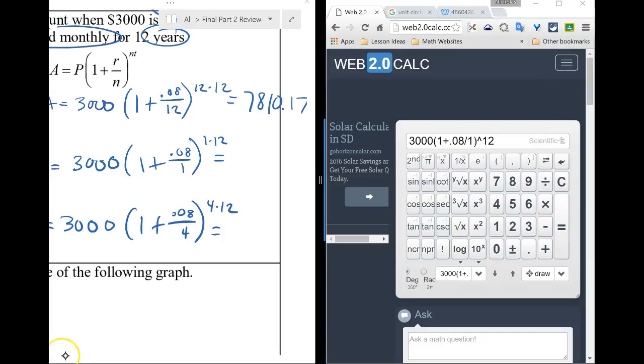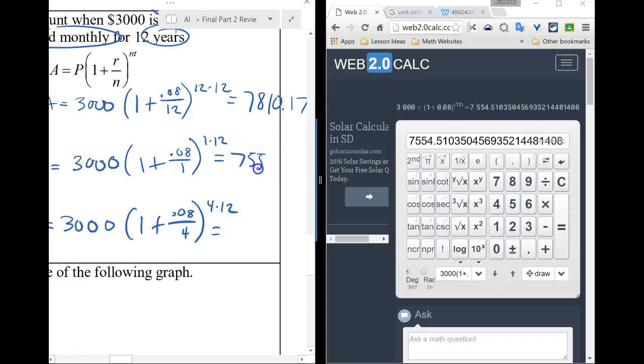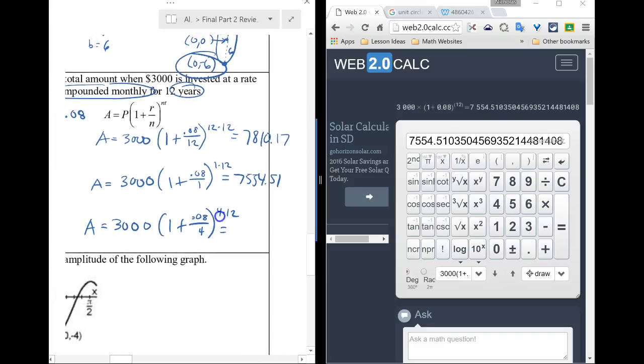Okay, let's try it one more time. 3,000 times 1 plus, and we don't need to do the 1, so we'll just do 0.08. And then raise that to the power of 12, in parentheses, just to make sure it knows what I'm doing. And there we go. $7,554.51.